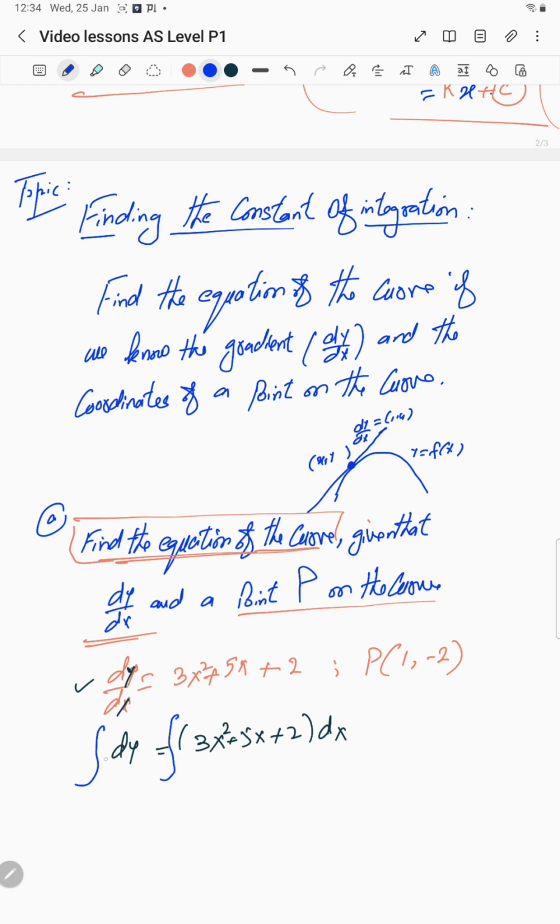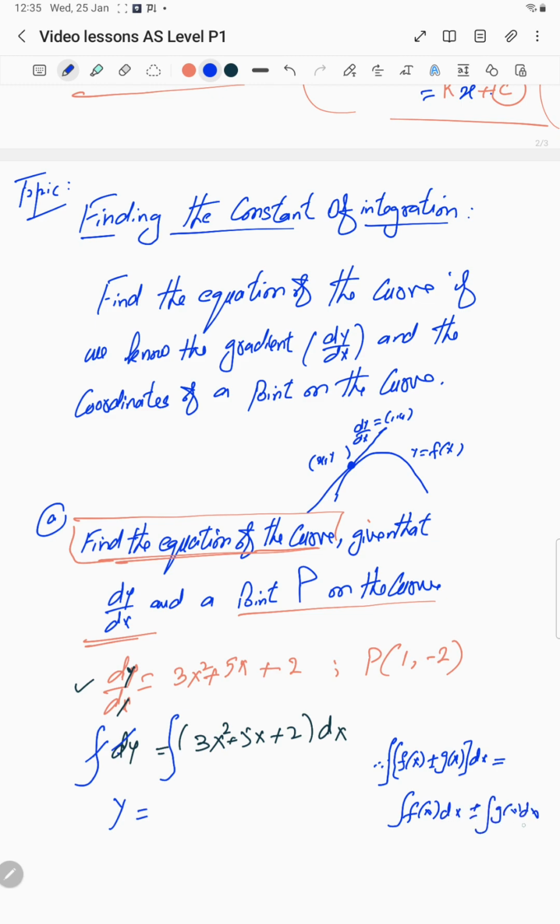And you know, if there is nothing between the integral and differential, they cancel each other and we get y. This can be split up by using the property: the integral of f of x plus minus g of x dx will be, we need to split it, integral of f plus minus integral of g.